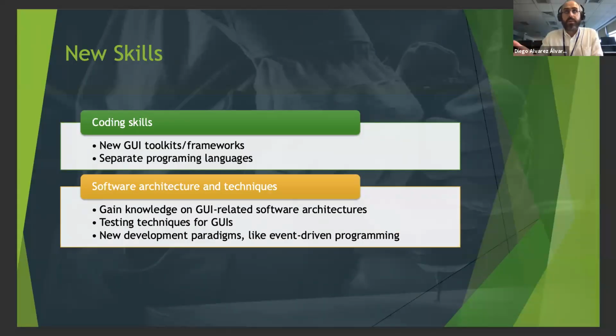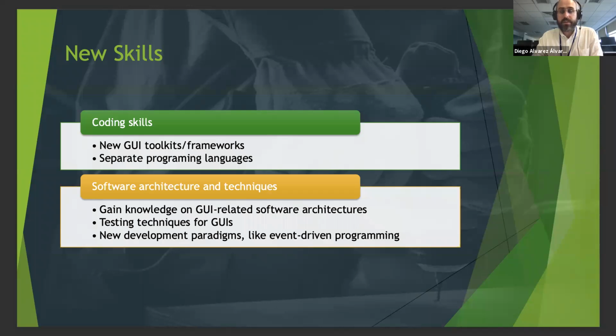New skills. Learning new coding skills, new libraries or new toolkits is relatively common, but it's often done regardless of whether you have a GUI or not. But very often you also need to learn a different programming language.